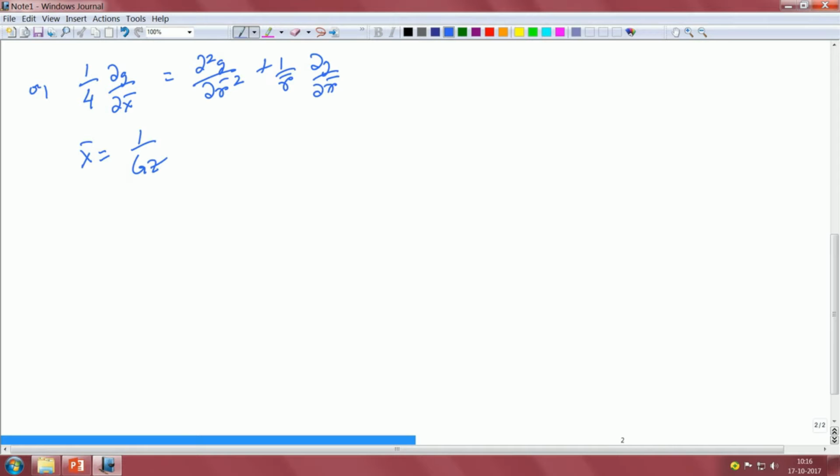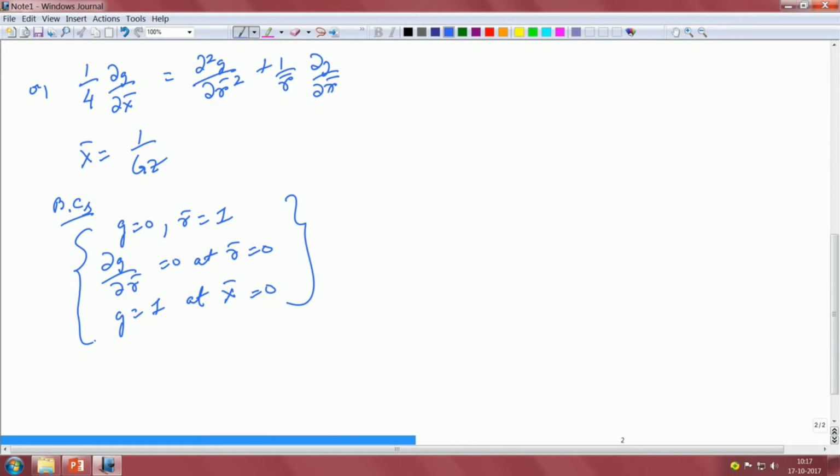In other literature you will find it, but essentially this is just the reciprocal of the normalized distance. So, the boundary conditions are g equal to 0 at r bar equal to 1, dg by dr bar equal to 0 at r bar equal to 0, and g equal to 1 at x bar equal to 0.